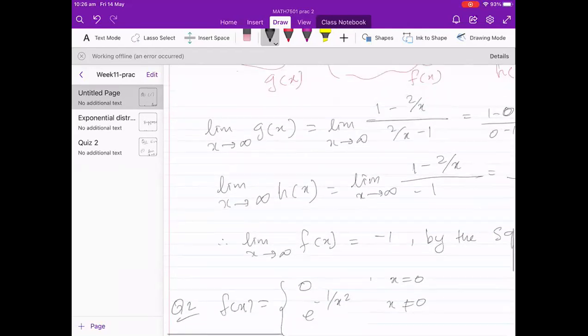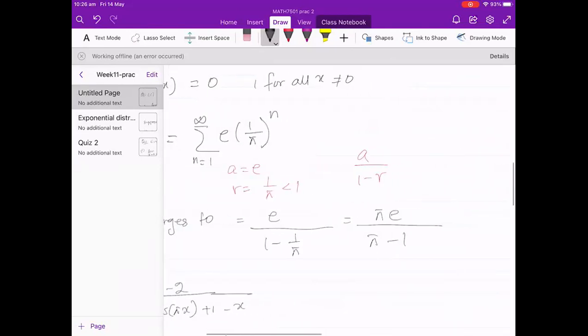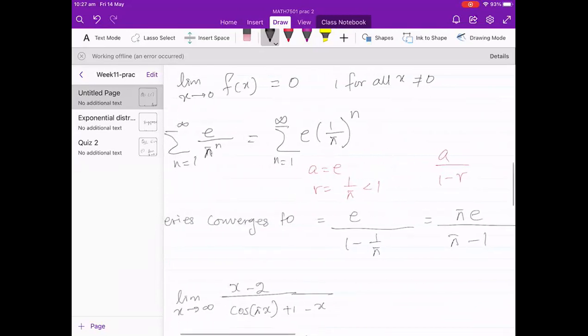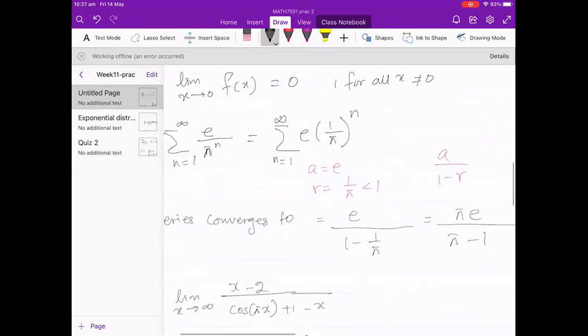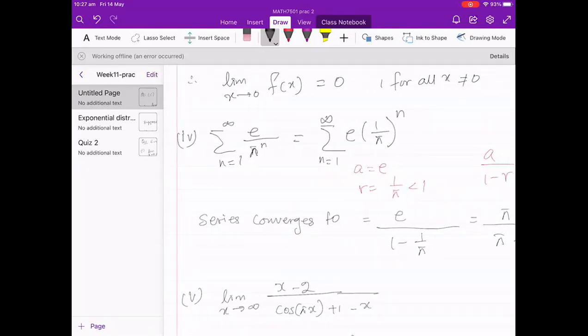Did I make a mistake in number 4? She says it should be e divided by pi minus 1. Why is a equal to e divided by pi?